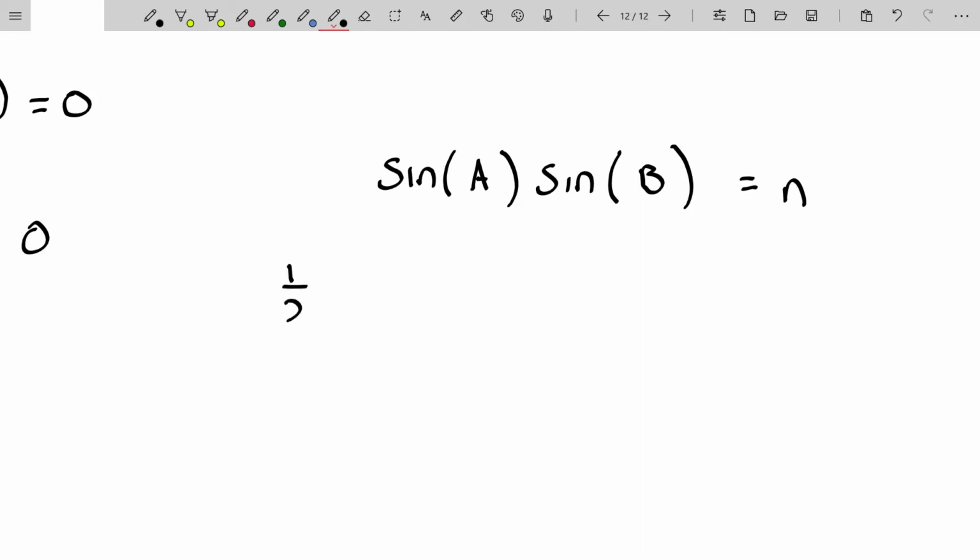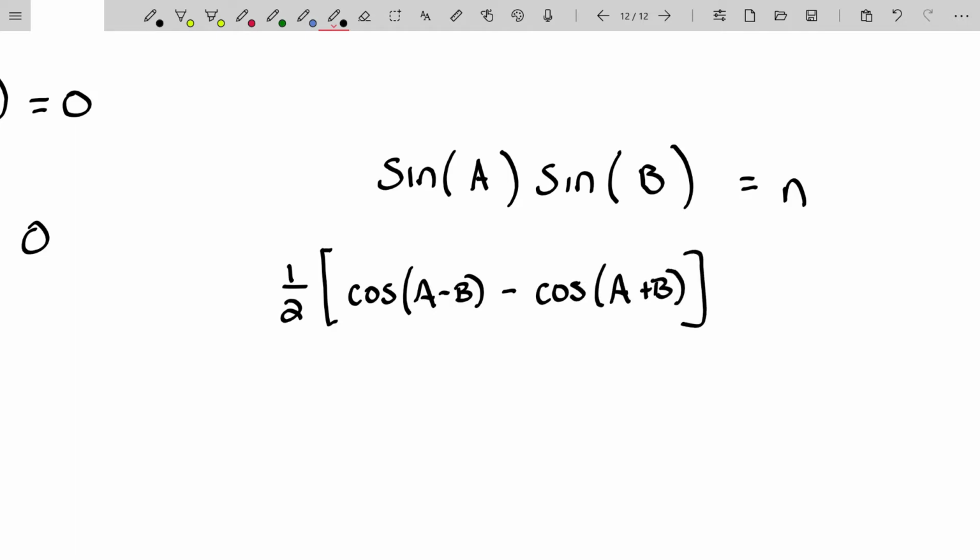You would get 1/2, and the sine of A times the sine of B is cosine of A minus B minus the cosine of A plus B. And this is supposed to equal n. You multiply both sides by 2, and you get to this point, and you're kind of locked, actually.